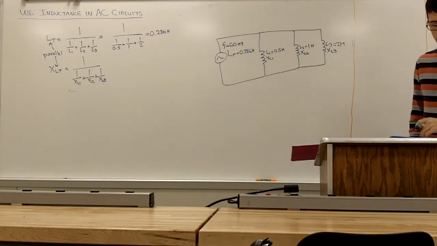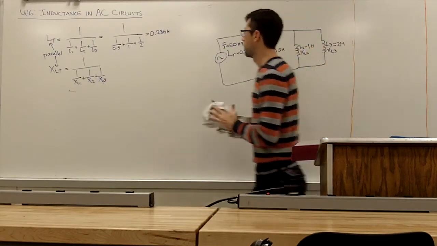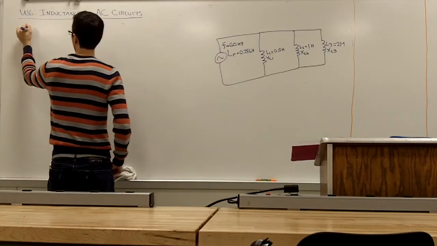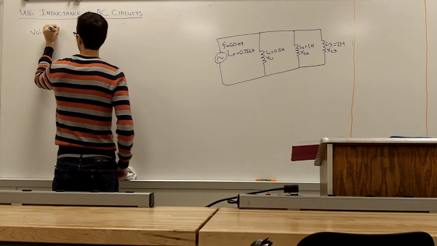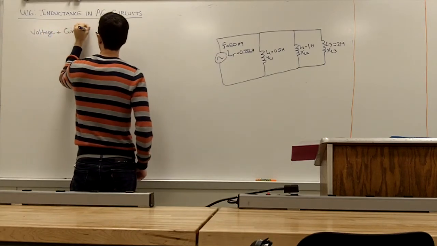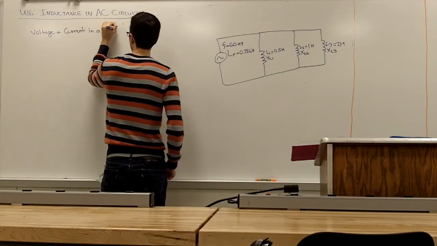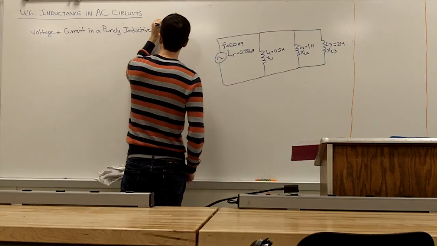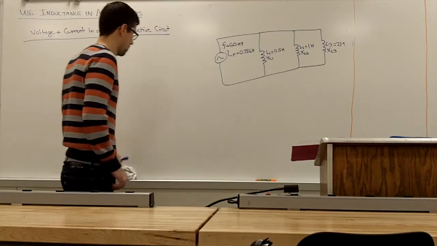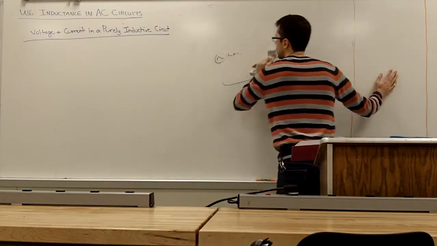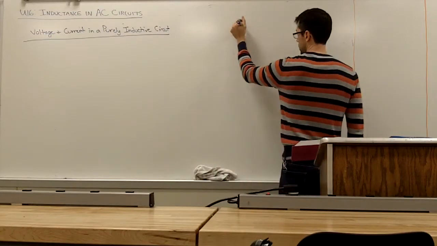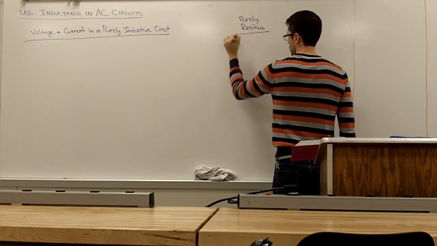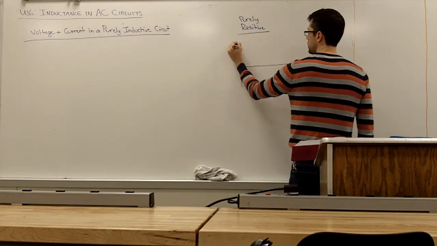So now let's look at how voltage and current behave in a purely inductive circuit. In a purely resistive circuit, we graph voltage and current.